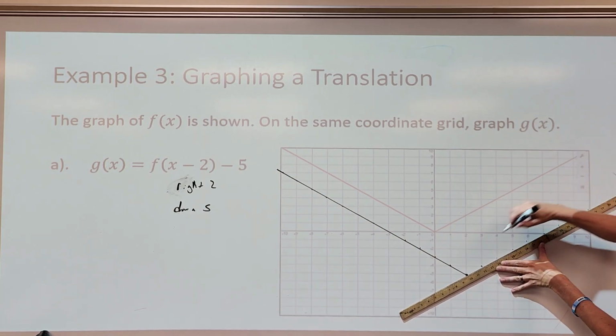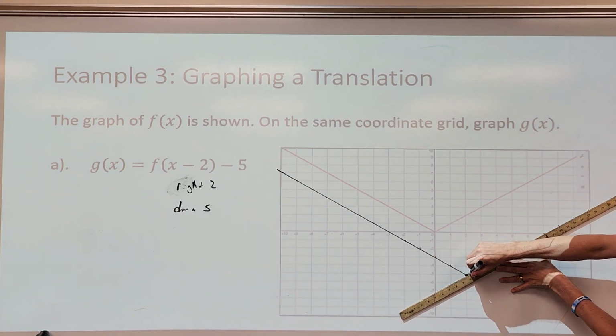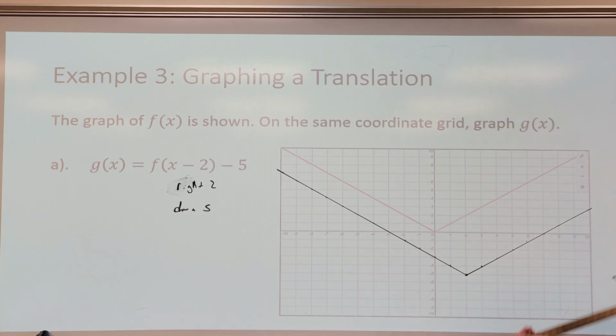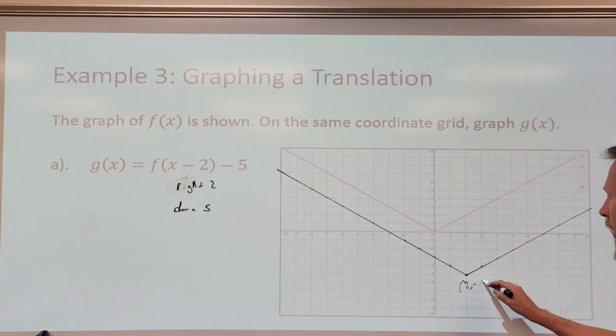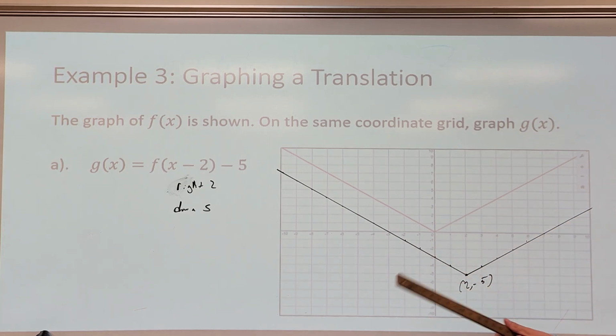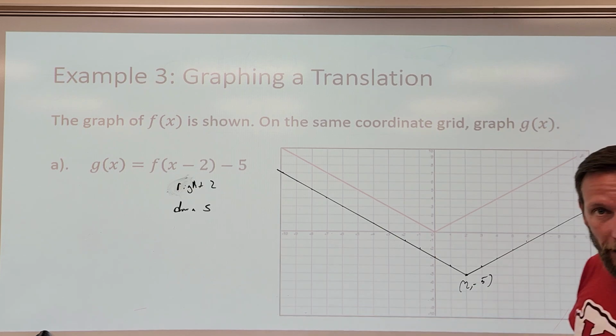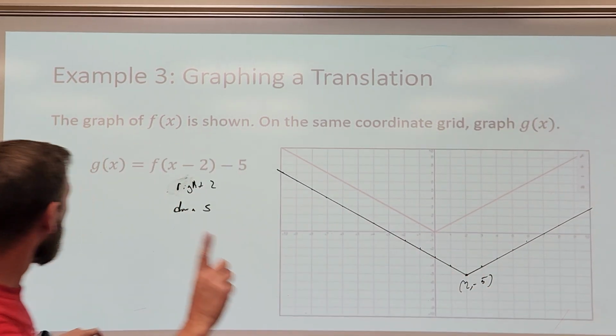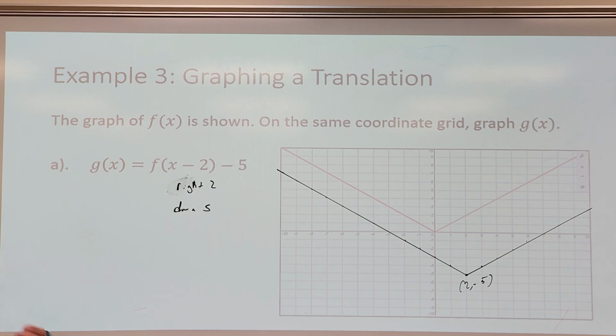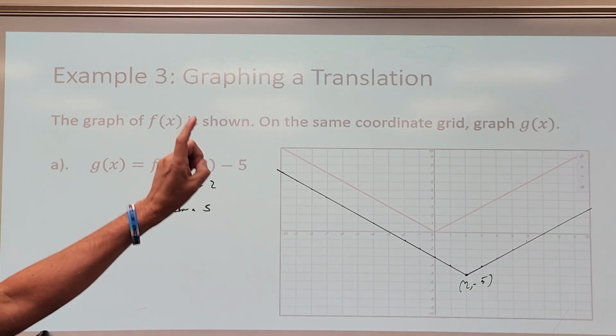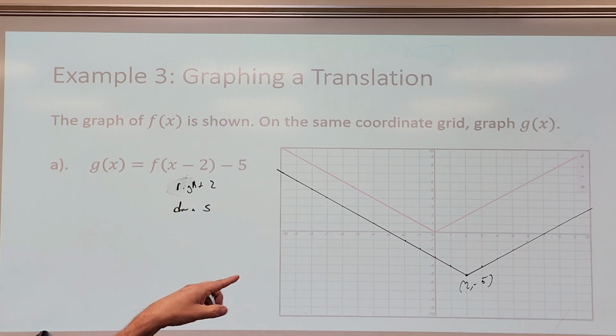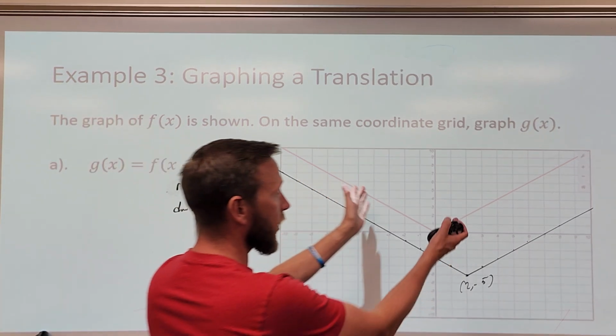And then our vertex basically was at 0, 0, but now our vertex is at 2, negative 5, because it went 2 to the right, and then it went down 5. All right? That is how we would graph this if we know the graph of the parent function. And at this point now, you do know the graph of the parent function, and you don't need to use your grapher to graph the absolute value of x.